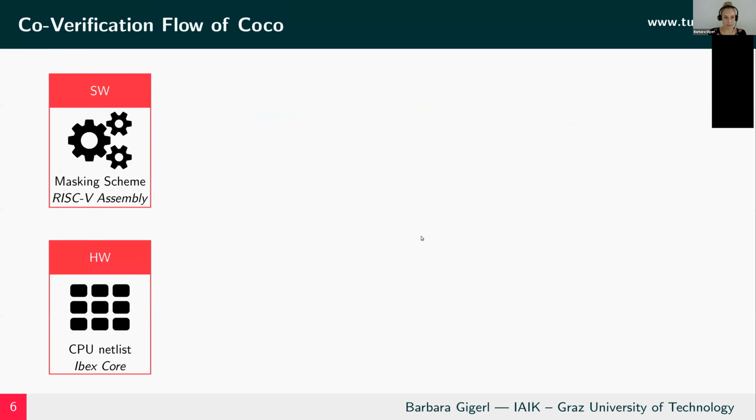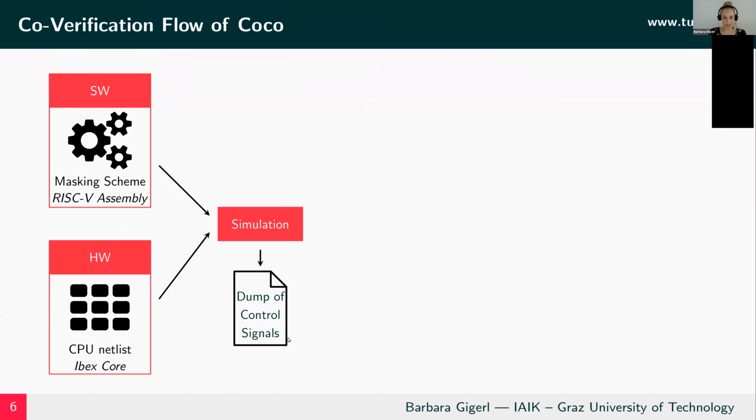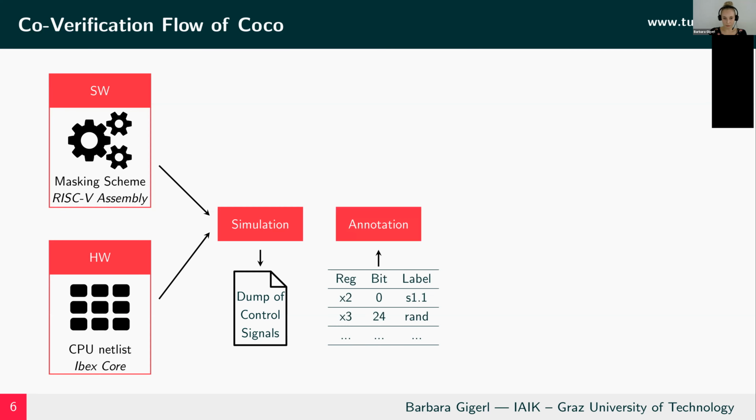Let's have a look at the co-verification flow of Coco. So here we have again our software and the hardware, and the first step is to simulate the software execution with the hardware. There we get out a dump of control signals, which maps the software to the hardware in terms of control signals. Next, we perform an annotation, which means that we tell the verifier where the shares and randomness are located.